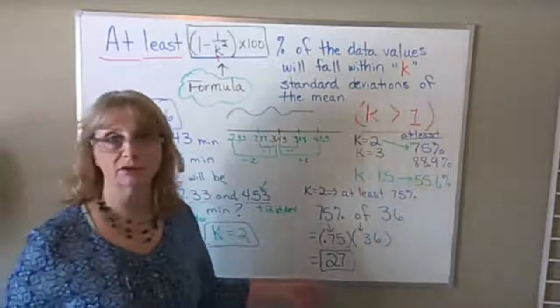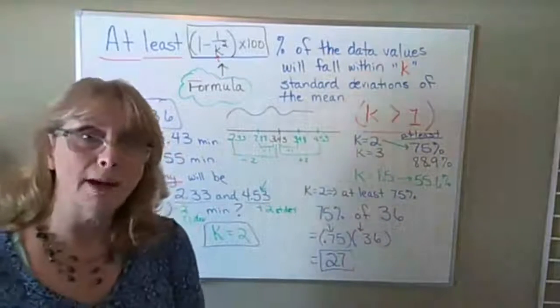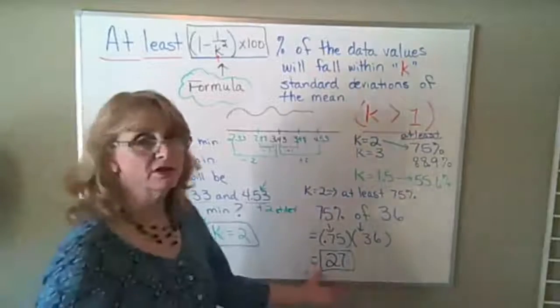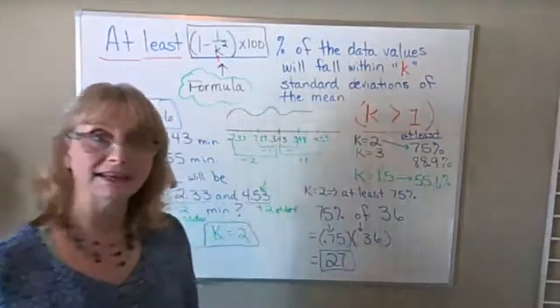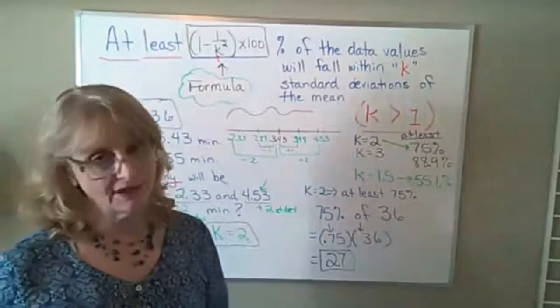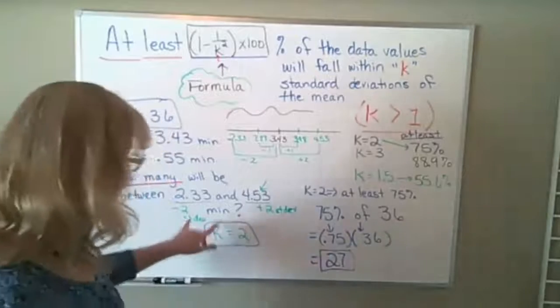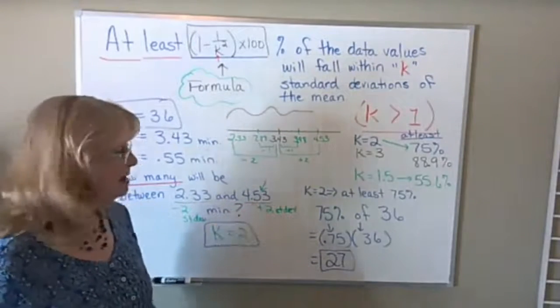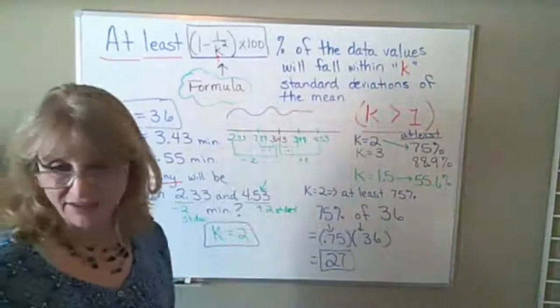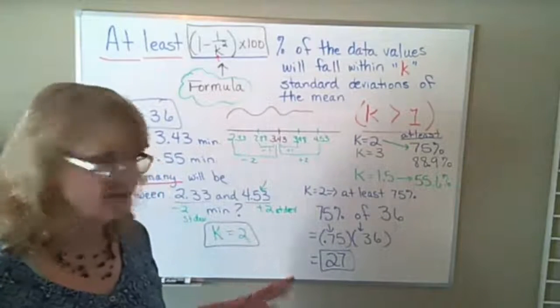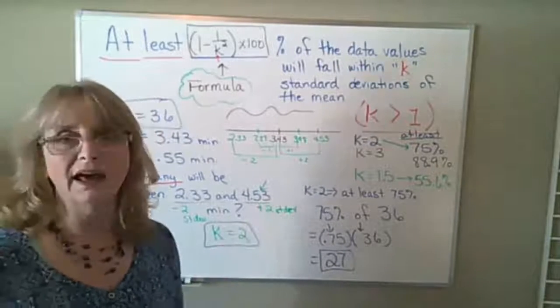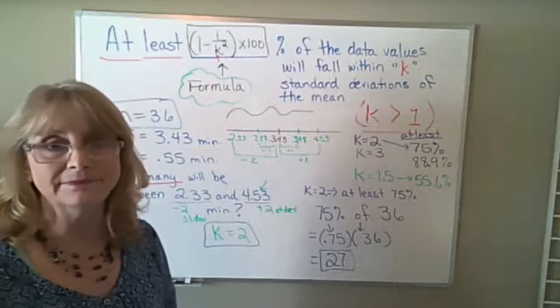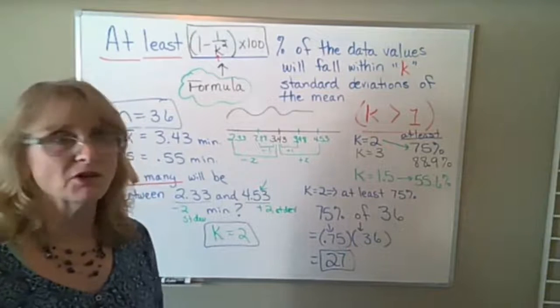Now, it could be more. Remember, Chebyshev's theorem gives you a minimum. So it could be more than 27, but you could expect at least 27 of the 36 to be between these two time frames. So that's an example of one that's a little bit harder. One of the ones you're going to have has easier numbers, but I did the harder one so it wouldn't throw you.